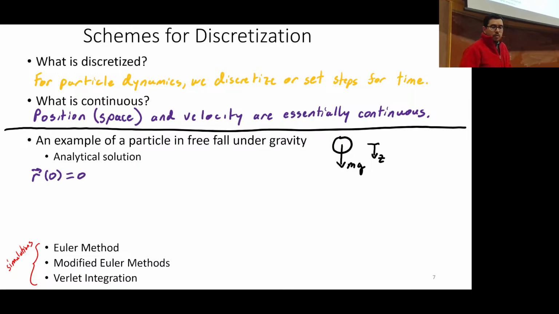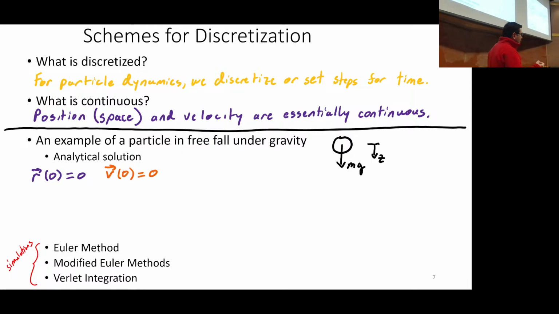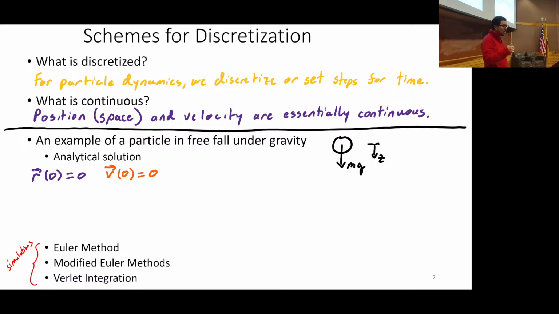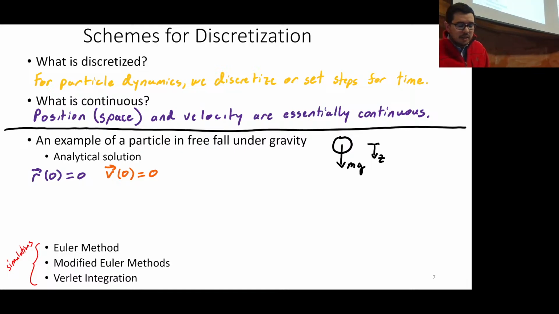Initially, it's at 0. The velocity also initially is 0, right? So if you're thinking, oh, this is like an ODE problem, I've got my ordinary differential equation problem, I've got my initial conditions where velocity is 0 and the position, the particle is at rest.